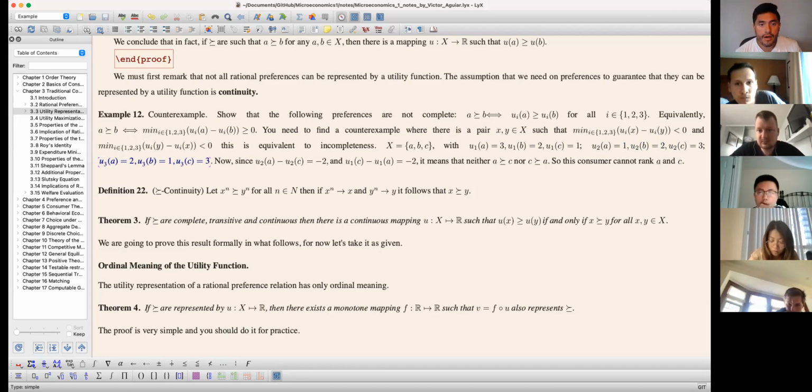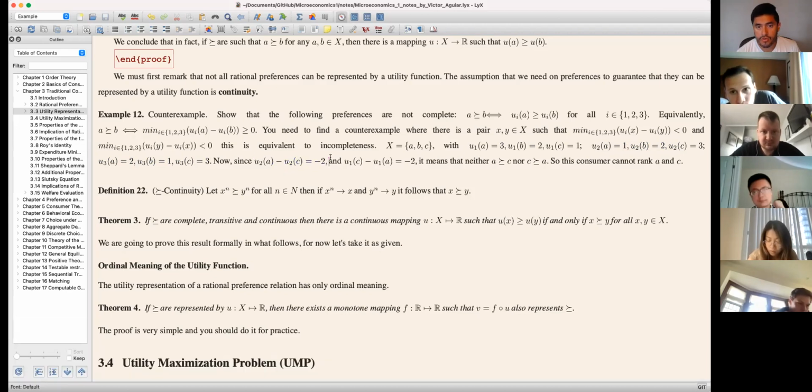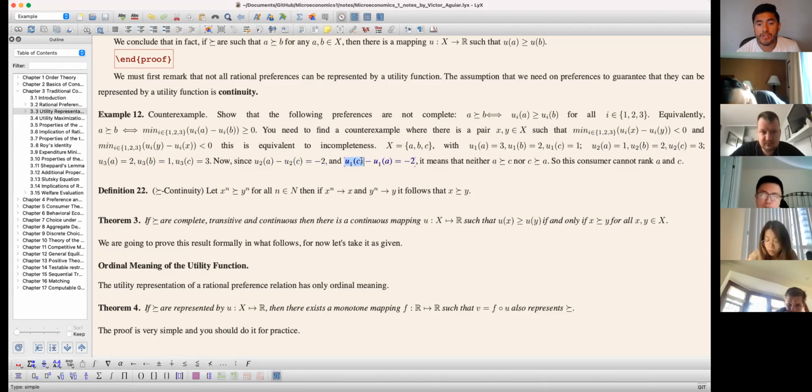Now, you know from observing this that the difference between A and C in utility 2 is -2, right? And the difference between C and A in utility 1 is -2 as well. So if I take the minimum of this difference of utilities across all utilities 1, 2, and 3, my value is going to be strictly less than 0, right? In fact, it's going to be less than or equal to -2, which means that neither A is better than C, nor C is better than A. Do you understand?